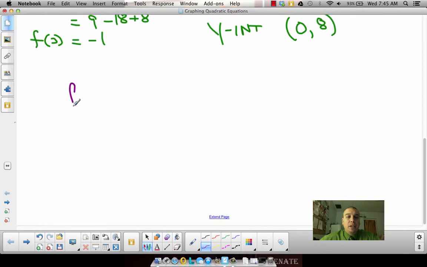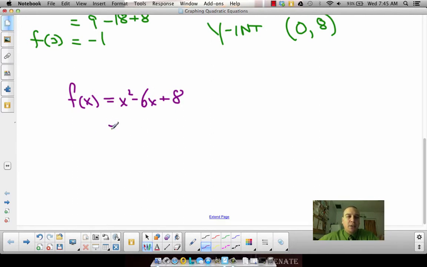All right, so f of x, again, is equal to x squared minus 6x plus 8. I'm sorry for the clicking of the mouse. I haven't figured out quite how to not hear that annoying sound in the background.